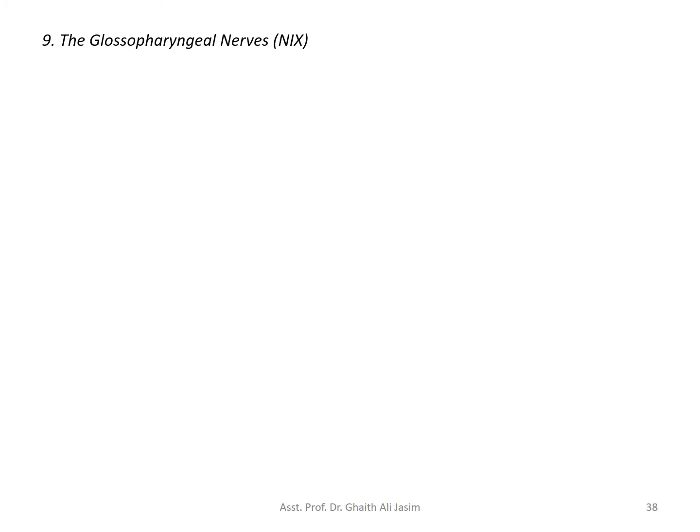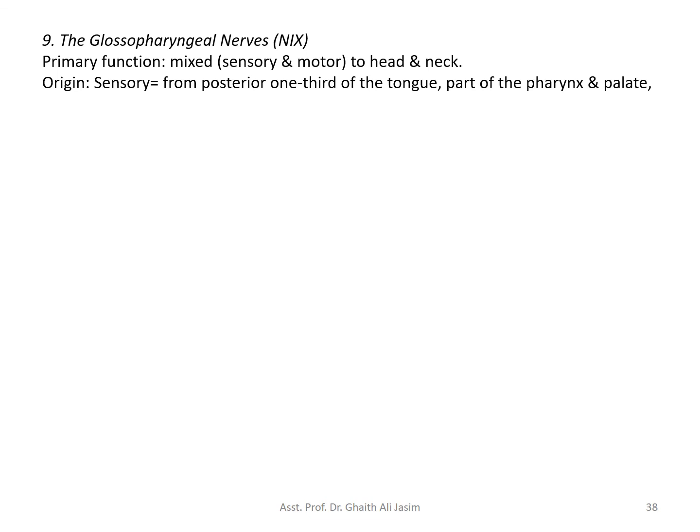Nerve number 9, the glossopharyngeal nerves. Primary function, mixed, sensory and motor to the head and neck. Origin, the sensory one, from the posterior third of the tongue, part of the pharynx and palate, and the carotid arteries of the neck also.